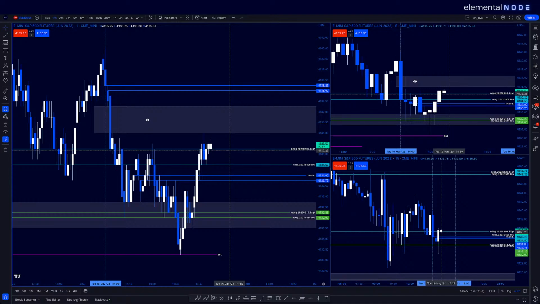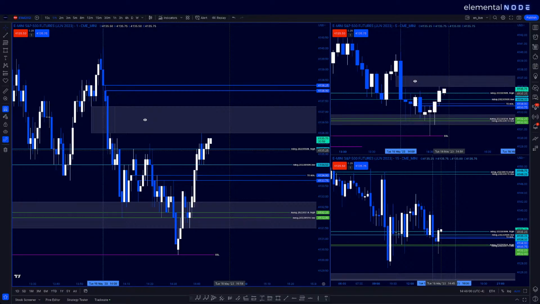Alright, if we have a narrative to continue upward, I would like to see that gap act as support. I see this little area as a launch pad. I don't want to see it reject.